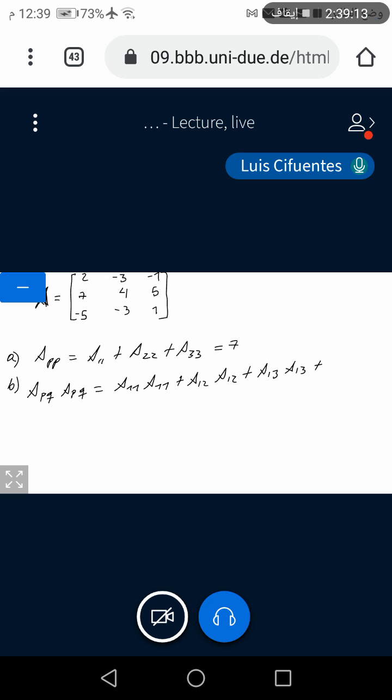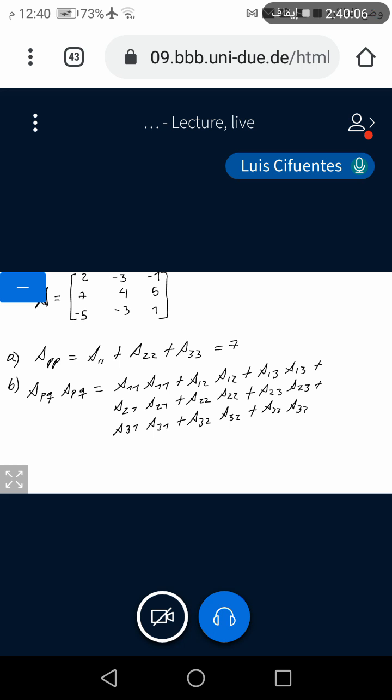and then plus the rest, A21 A21 plus A22 A22 plus A23 A23 plus A31 A31 plus A32 A32 plus A33 and A33.